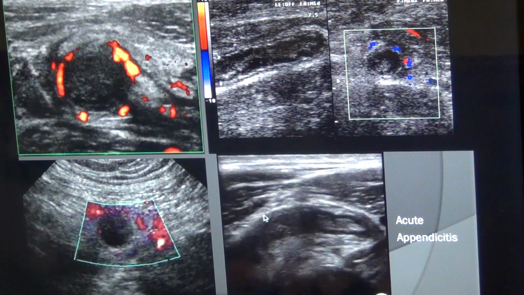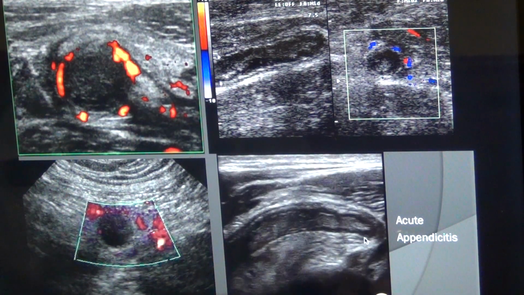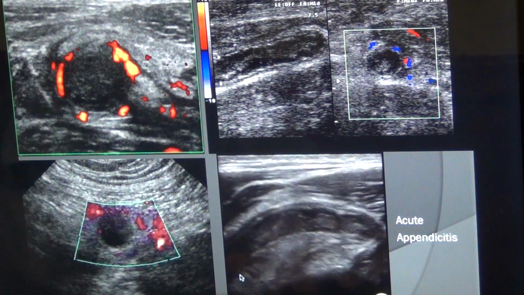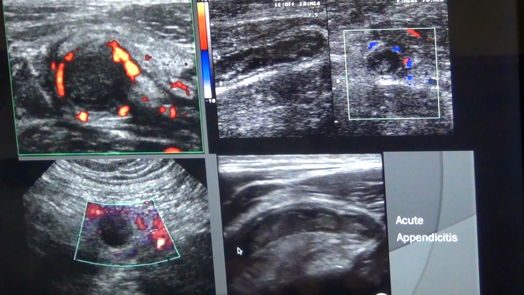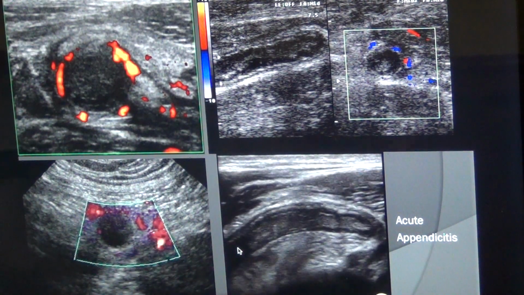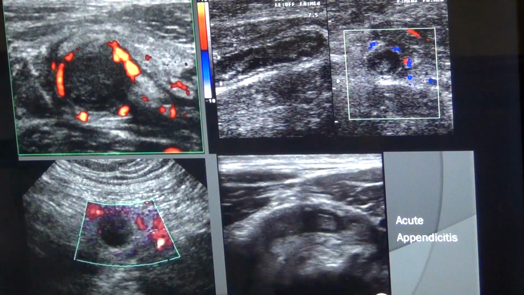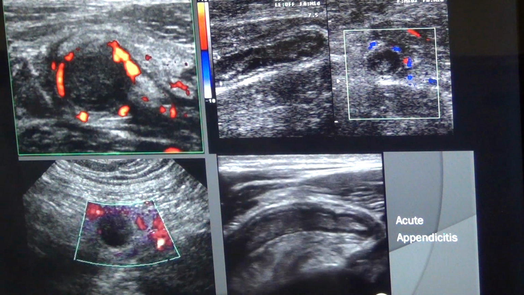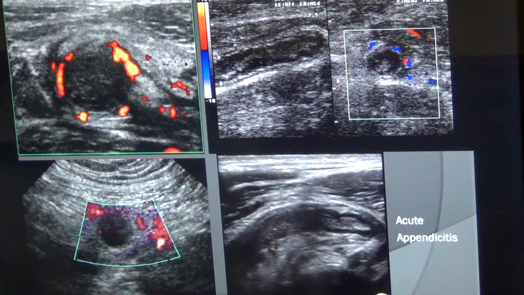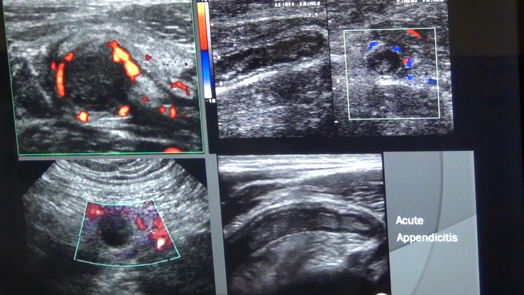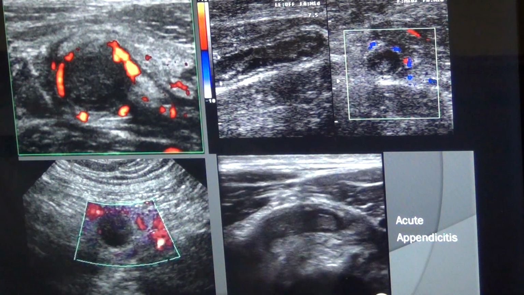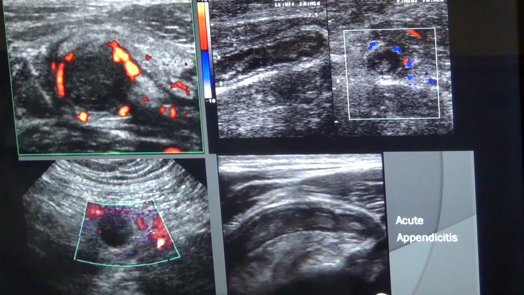Usually we don't see the normal appendix because it is small. The central lumen is not greater than 5 millimeters, and most of the time it is collapsed, and we don't see it.